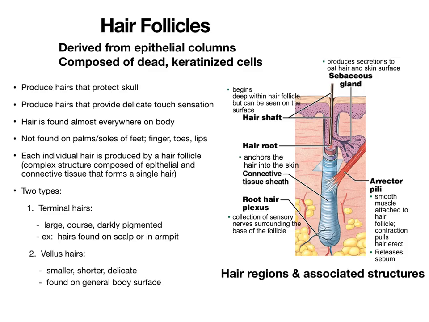Okay, so first we're going to talk about our hair and our hair follicles. The hair follicles are derived from the epithelial columns, and they're composed of dead keratinized cells. They produce hairs that protect our skull, and hairs that provide delicate touch sensation. Those can be any of the hairs on our body, in our ears. These all provide that delicate touch sensation. Hair is found almost everywhere on the body.